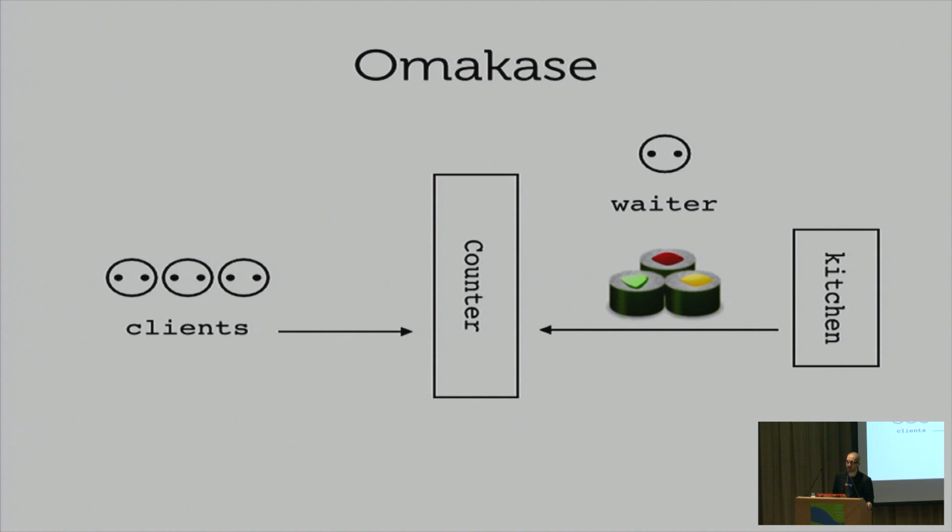So once again, if you wanted to serve sushi to lots of people, it wouldn't make sense to have a waiter per client. You would run out of space behind the counter. It's better to have an asynchronous waiter who can deal with sushi dishes as they become ready and bring them to the clients at that time. Having a waiter per client would waste space behind the counter.